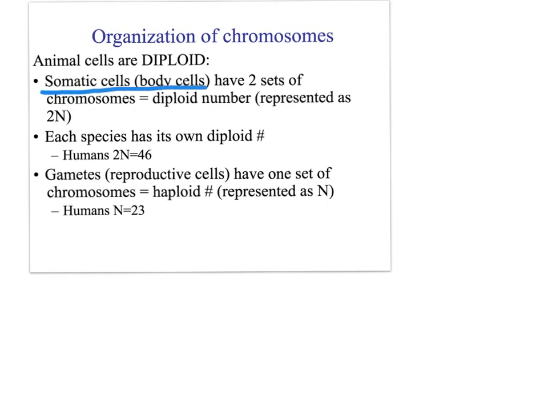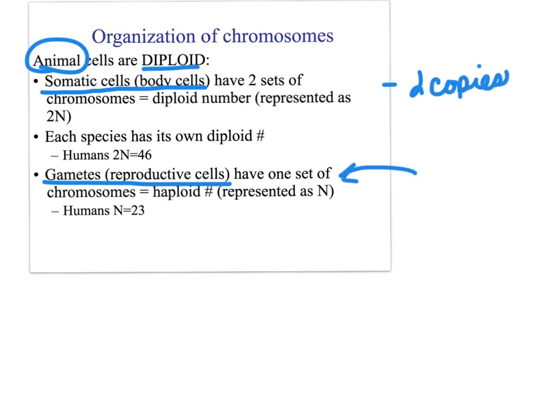Make sure you know the difference between a somatic cell and a gamete. Somatic cells are body cells, and in us, in animals, our somatic cells are always diploid. That means we have two copies of each chromosome. Our gametes are haploid. They have only one copy of each chromosome. This does not mean that a diploid cell has this and a haploid cell has this.